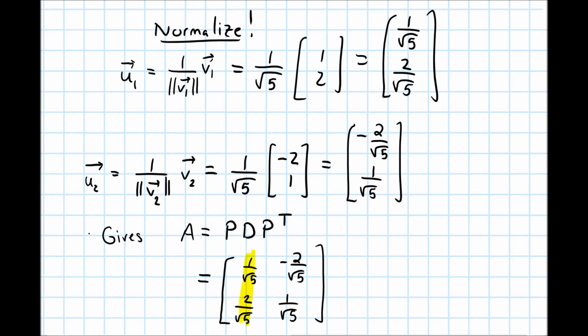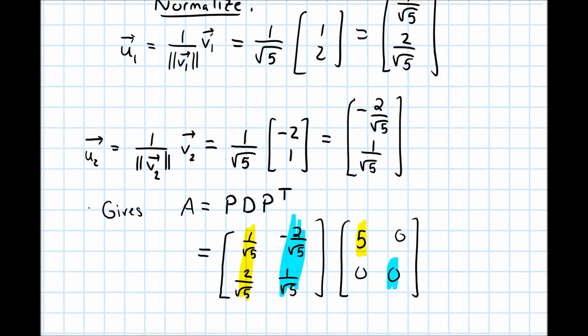Here's the first column, here's the second column, just so I can associate each eigenvector with the eigenvalues. That's P. For the matrix D, the eigenvalue that went with the first eigenvector was 5, and the eigenvalue that went with the second eigenvector was 0. So I have this diagonal matrix, where everything else is 0. The 5 went with the first eigenvector, and the 0 went with the second eigenvector.